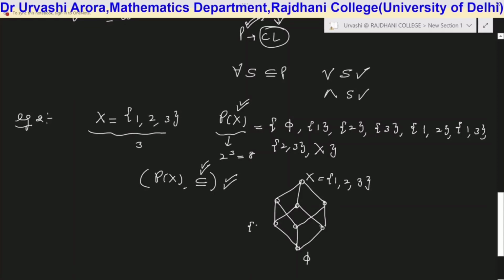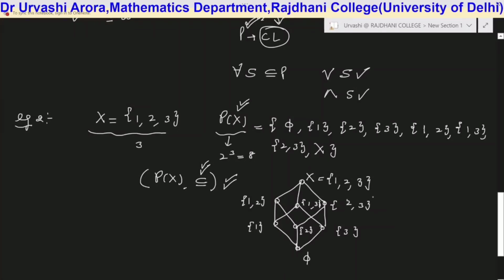Just above phi, we have the singletons {1}, {2} and {3}, and at the level above the singletons, we have the sets consisting of 2 elements each, that is {1,2}, {1,3} and {2,3}. This is what we have.